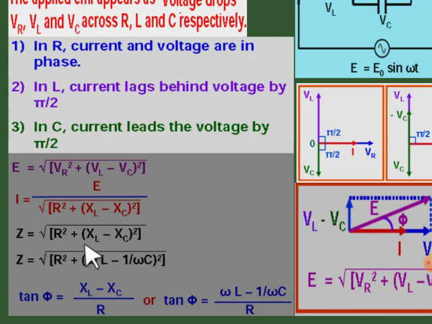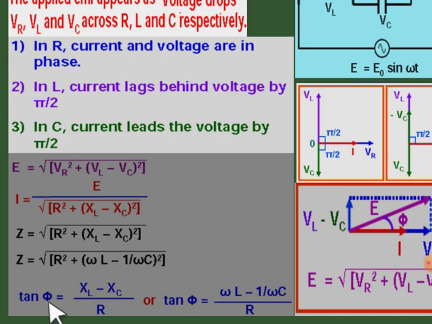This is in terms of the resistance and reactance, and this is in terms of the resistance, angular frequency, inductance, capacitance.